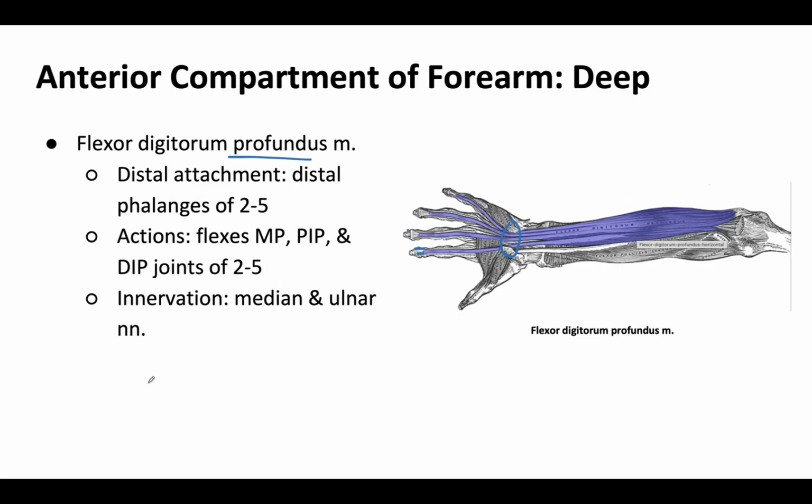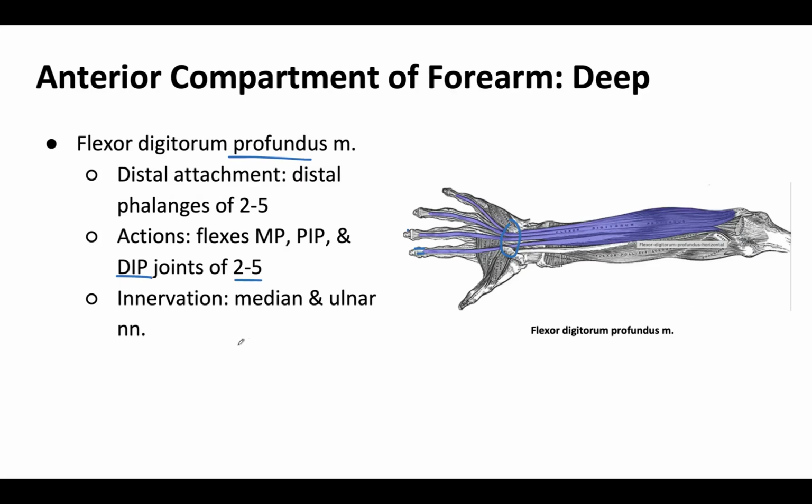So it can flex all the joints it crosses, similar to the flexor digitorum superficialis, but its most powerful actions are going to be the flexion of the distal interphalangeal joints, or those DIPs. In fact, this is the only muscle that will flex the DIPs of digits 2 through 5.